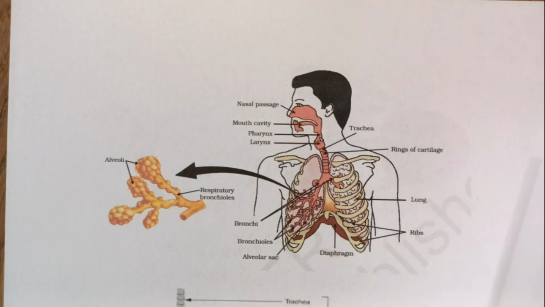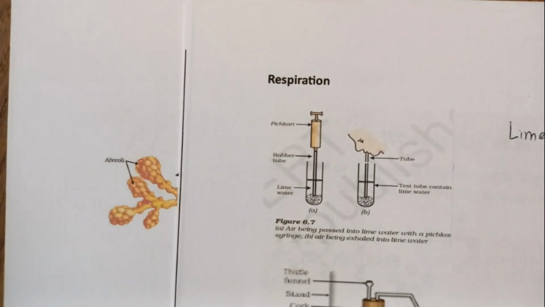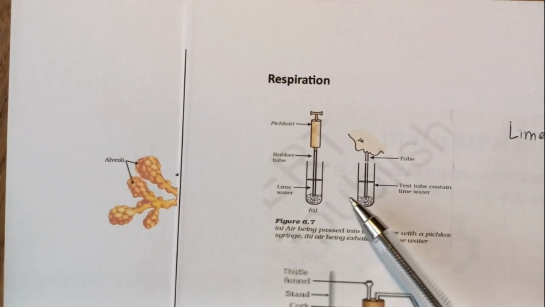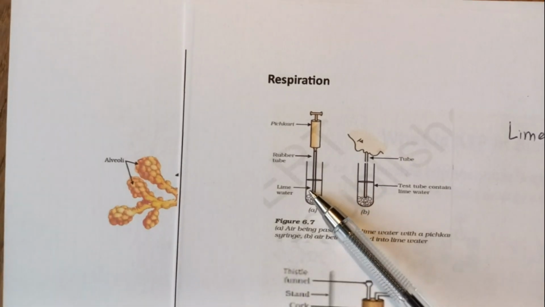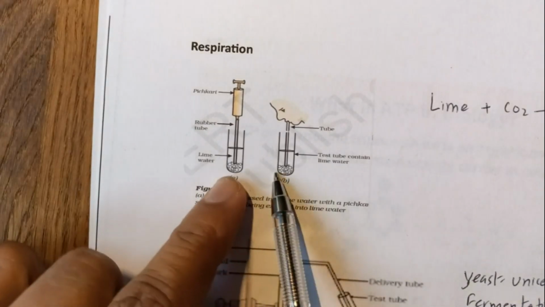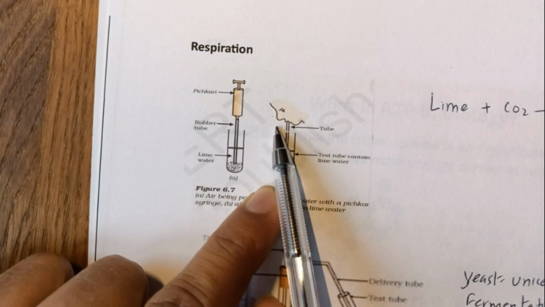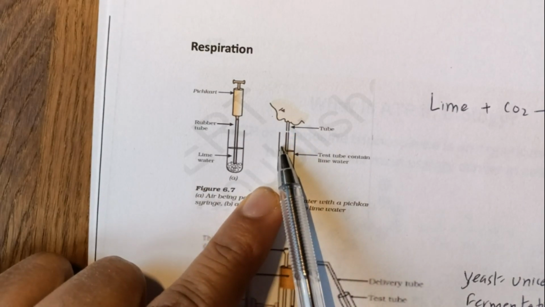This activity, that is 6.4, wants you to take some freshly prepared lime water in a test tube. So there are two test tubes, and in one test tube you are blowing air through this lime water.